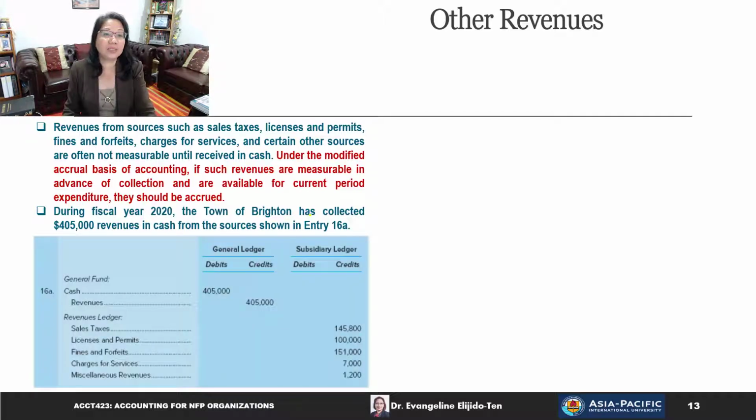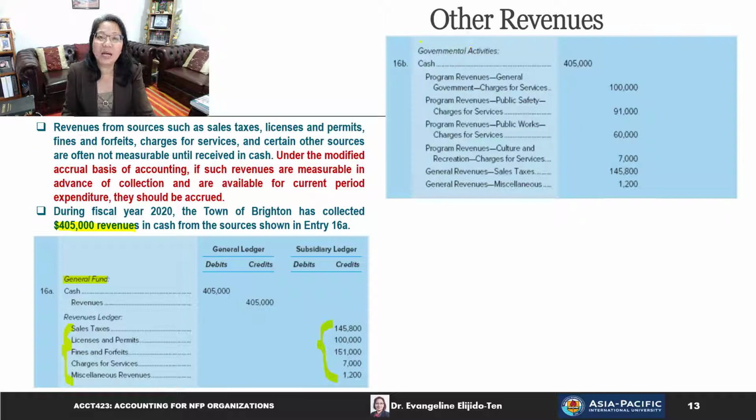So, suppose that the town of Brighton has collected 405,000 revenues in cash, all right, from the following sources: sales taxes, 145,800, and so forth and so on, licenses and permits and the like. So a journal entry in the general fund would just be debit cash, 405,000, and credit revenues, 405,000.